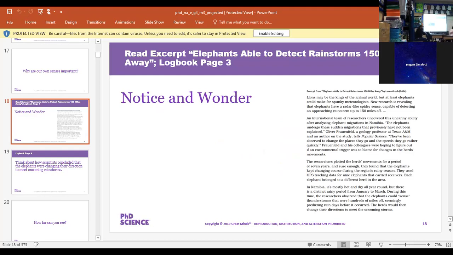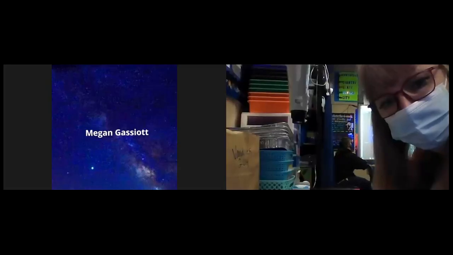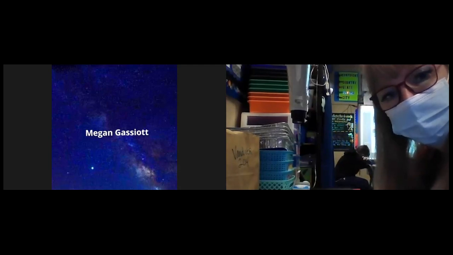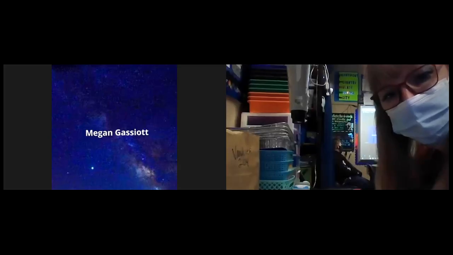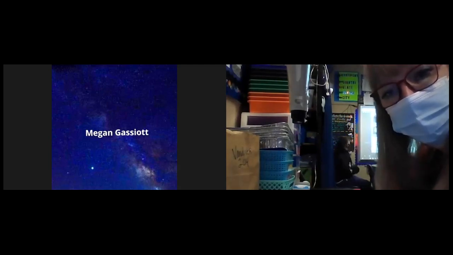Let me find, I'm gonna see if they have it in the back of the book, because if they do, I can make it larger. Oh, yep, found it. All right, so I'm gonna stop sharing this and I'm gonna share my Elmo, okay? Stop share. Share again.